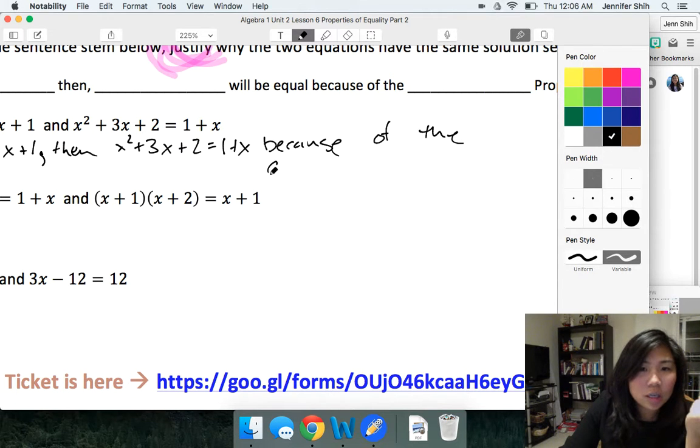We switched, commutative property of addition.